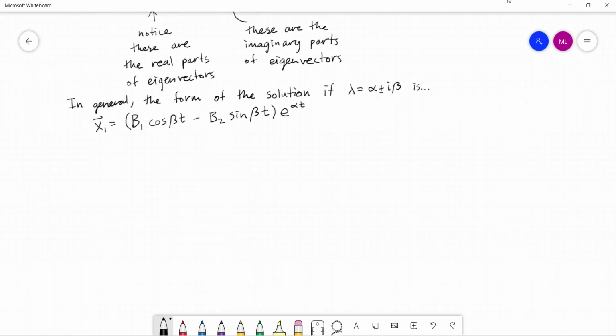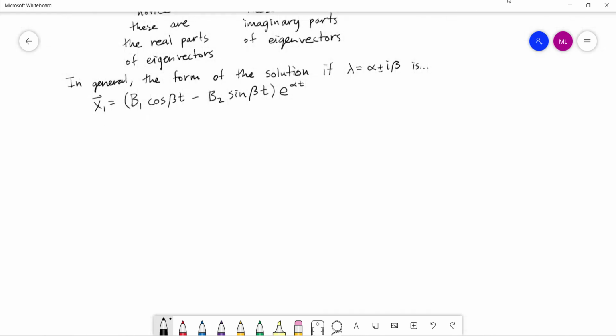So that's going to be our x1. Our x2 is going to be equal to b2 cosine of beta t plus b1 sine of beta t, times e to the alpha t.